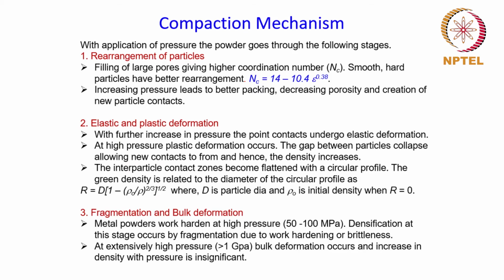This is basically filling of large pores, giving a higher coordination number. Coordination number is nothing but the number of particles that a particular particle is in contact with. Smooth, hard particles have better rearrangement, and the coordination number NC is given by this particular relationship that you see over here.